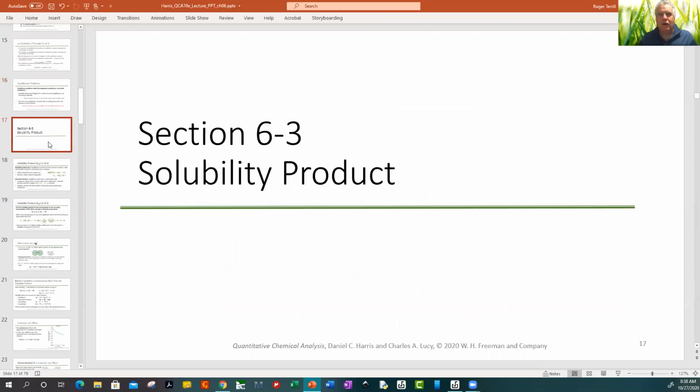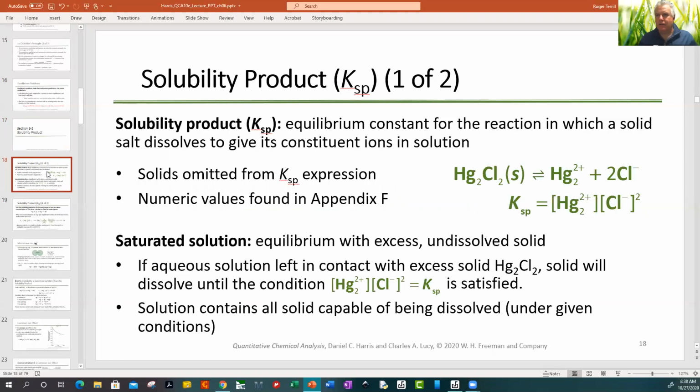Okay. So let's talk about a solubility product here, get into some of the meat of what we're doing. And for KSP here, solids are omitted from the expression. So if you've got, for example here, calomel, mercurous chloride, it makes Hg2 2+, this weird dimeric mercury ion, plus 2 chlorides.